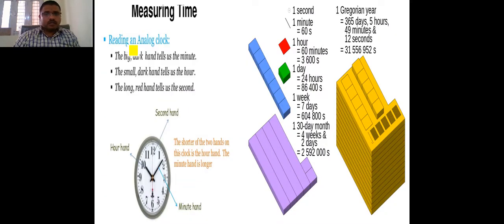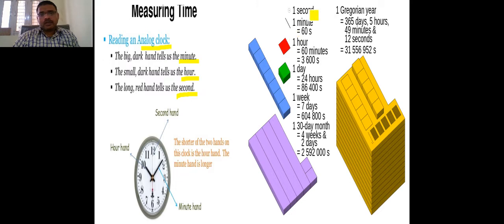Now, to understand all these things, first, there is the kind of reading that is called the analog reading. That means which needle shows the minute, which shows the hour, and which shows the second. That is important.